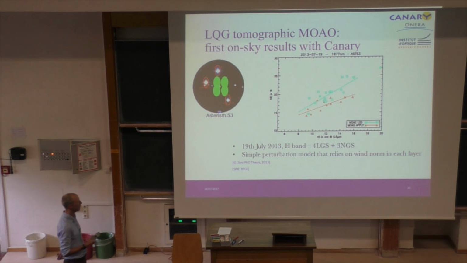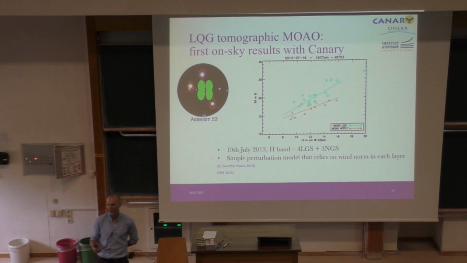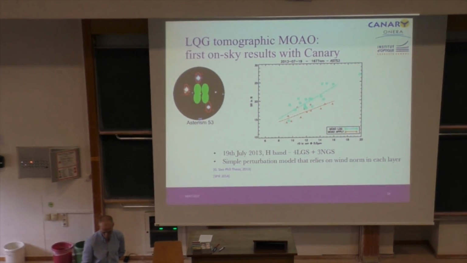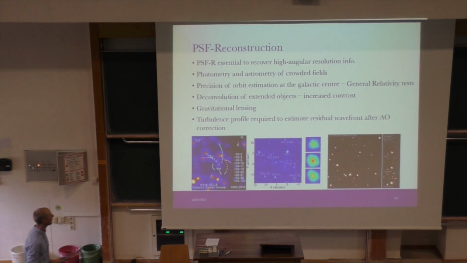But either way, the turbulence profile is also useful in terms of PSF reconstruction. This is quite a big thing at the moment, particularly with MCAO systems, which notoriously have different PSFs across the field, so as you look in different angles, the PSF changes.